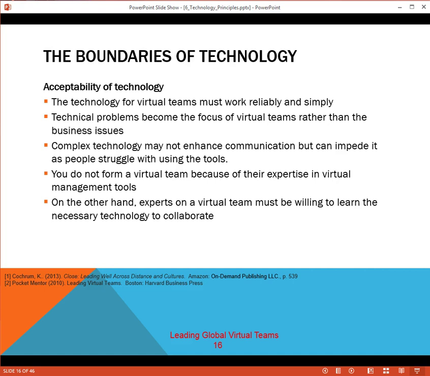Complex technology may not enhance communication, but it can impede it as people struggle with using the tools. You do not create a virtual team because of their expertise in virtual management tools. But by the same token, experts on a virtual team must be willing to learn the technology chosen to collaborate on the team.